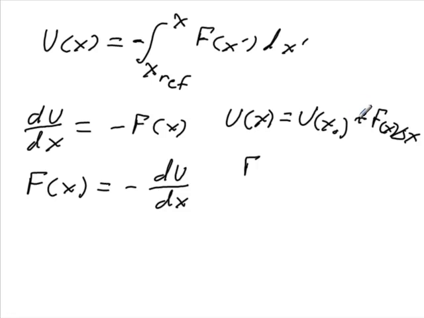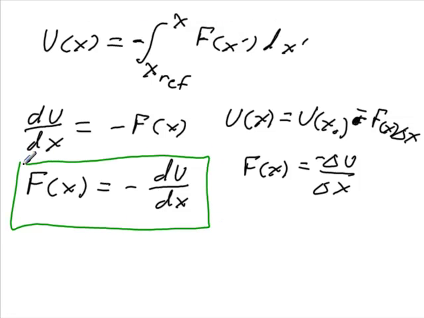Excuse me, there's a minus here, not a plus. We would say that f of x is equal to minus delta u over delta x, and then we would take the limit as delta x became small. Either way of looking at it, it's clear that the force is minus the derivative with respect to x.